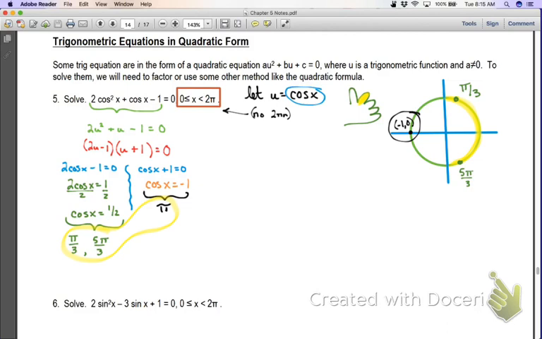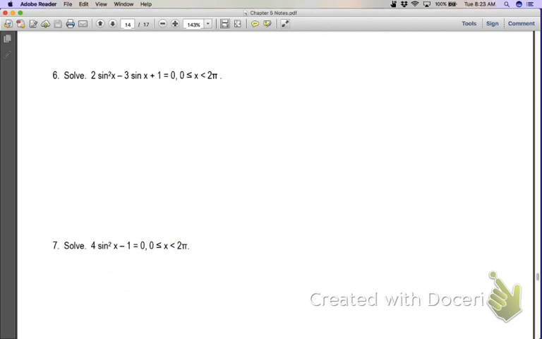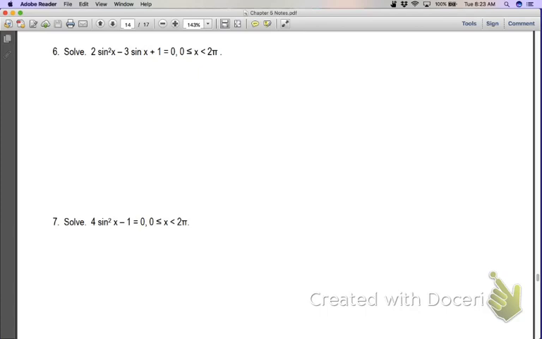It's the same thing, but I think it's easier for students to factor the normal way instead of using a trig function. If you don't think you need to do that, that's completely up to you, and that is your prerogative.